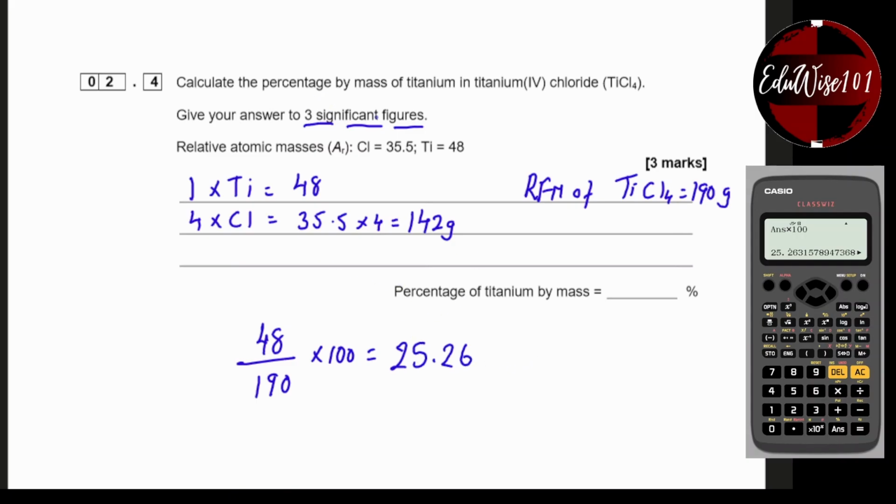Because we want to write it in 3 significant figures, we round it off to 25.3%. Remember, this total is coming from adding this 48 plus the 142. Let's add this percentage sign there.